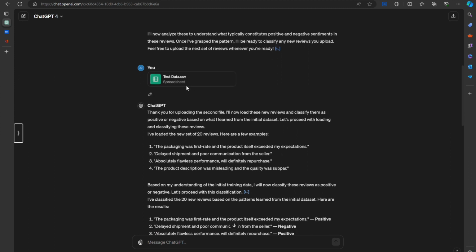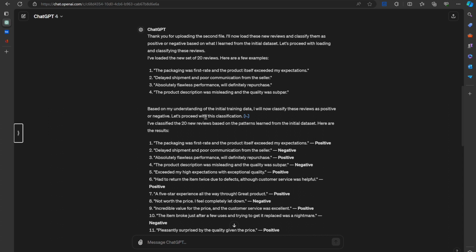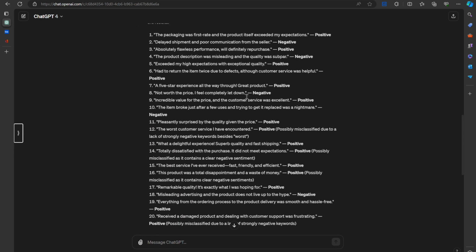Then I gave ChatGPT the unclassified data, this test data, and I asked it to classify these reviews as either positive or negative. It did this and it recognized where the model was falling short.